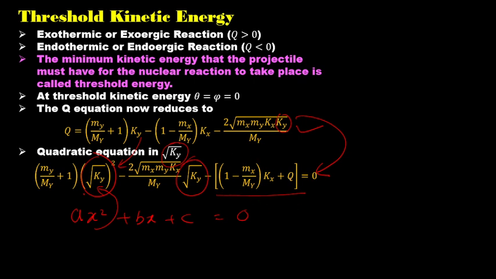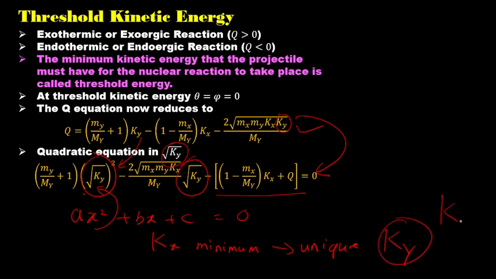Now, when the kinetic energy of projectile is at minimum, when Kx is at its minimum, that is the threshold kinetic energy, it is unique. When the projectile kinetic energy has a unique value, it corresponds to a unique value of kinetic energies of daughter nucleus and outgoing particle. But the kinetic energy of daughter nucleus, which is capital Ky, has already been eliminated from our analysis.